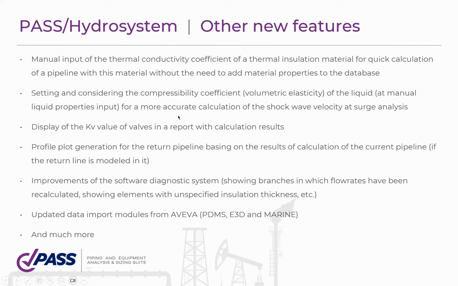Now, starting with the latest version of HYDROSYSTEM, you can specify it manually in the manual liquid properties input. So for instance, if you add your own liquid to the software, you can now specify this compressibility coefficient to perform the shock wave velocity calculation more accurately.